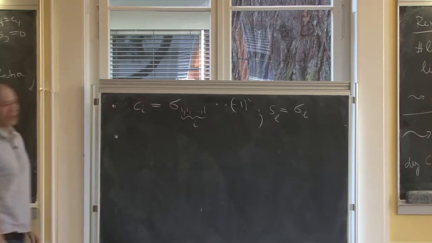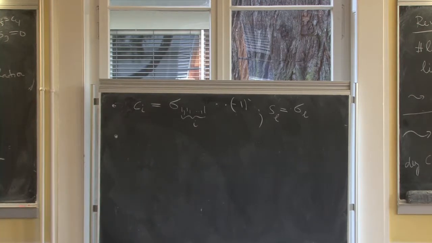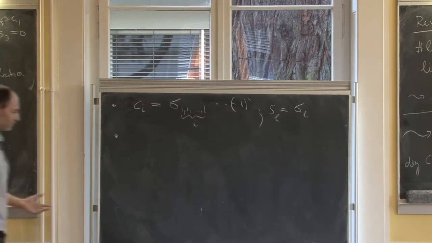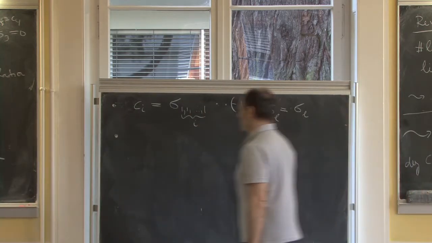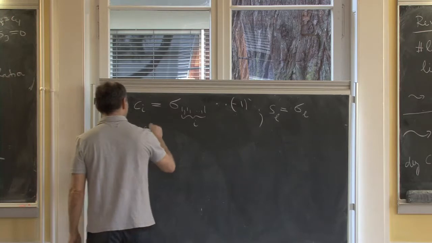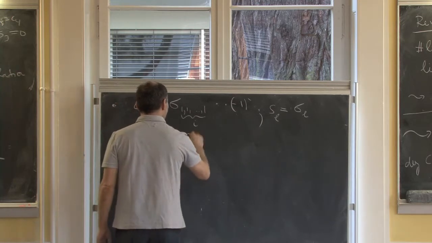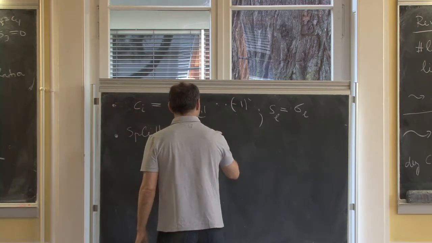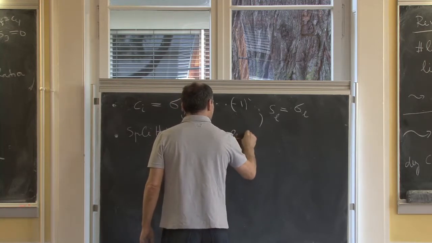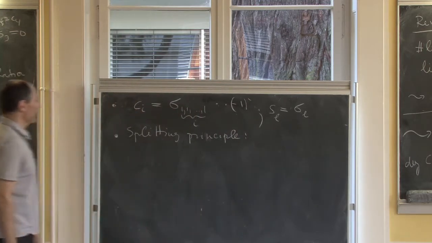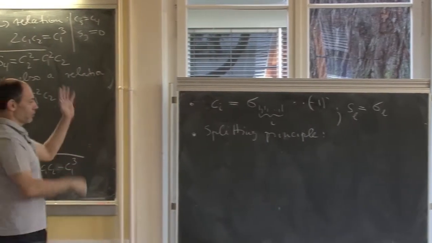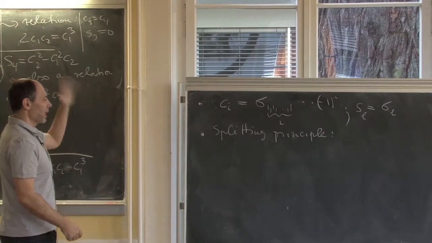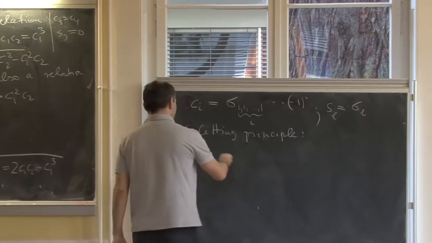The other thing, which is kind of amusing and which I want to show, is that using the splitting principle we have a funny interpretation of what's going on. What does the splitting principle tell us? It tells us that we can introduce some classes, which are the Chern classes of some line bundles somewhere, but it doesn't matter for us now.